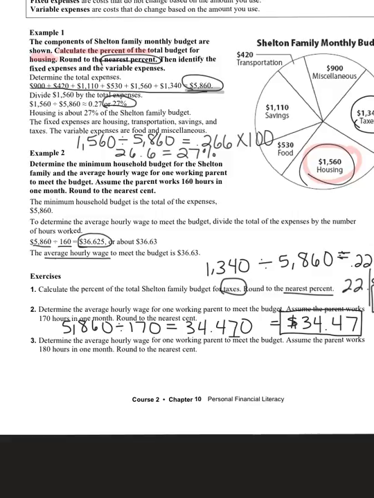Number 3, determine the average hourly wage for one working parent to meet the budget. Assume the parent works 180 hours in 1 month. So the same thing. We take the total budget, which was 5,860. We're going to divide that by 180 hours. You can divide it by hand or use a calculator.